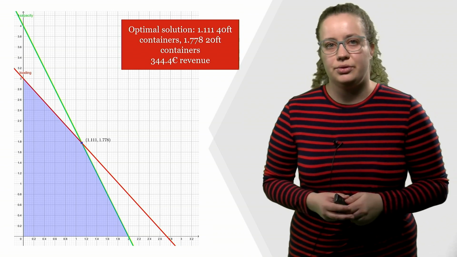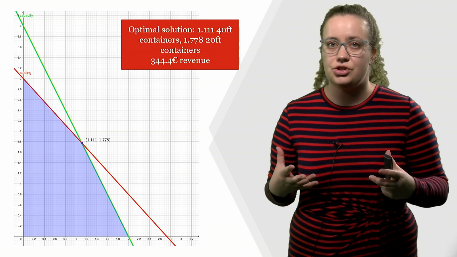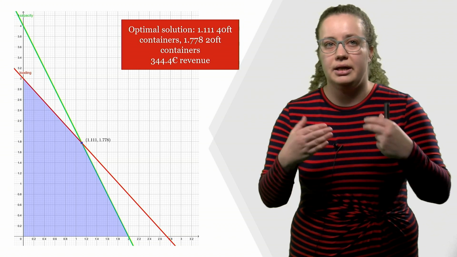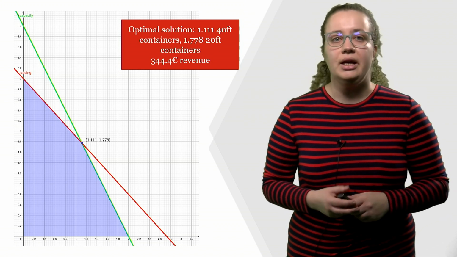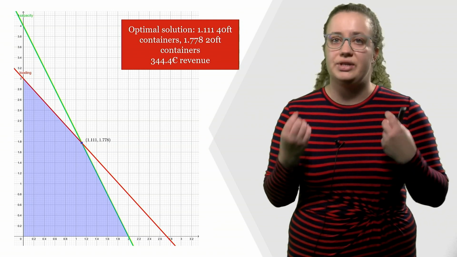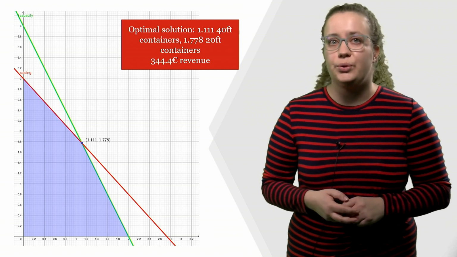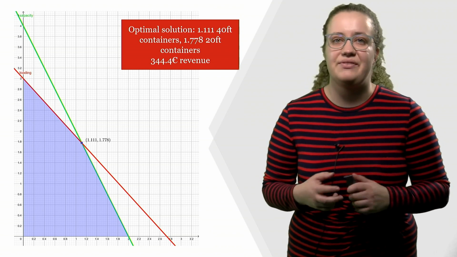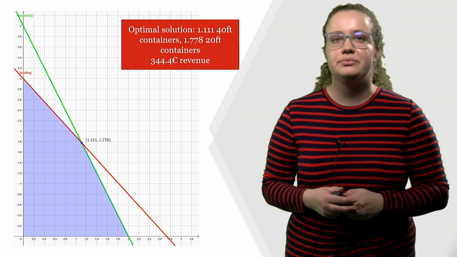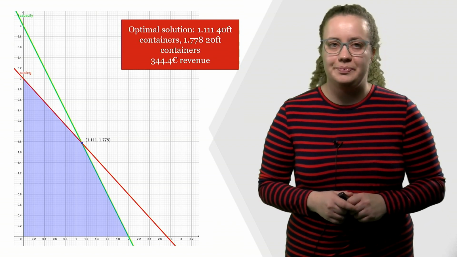And then we plot the constraints, so the availability or capacity constraint and also the loading constraint. If we solve this, we get this shaded blue feasible area, and we get an optimal solution of 1.1 40-foot containers and 1.7 20-foot containers at a revenue of 344 euros.